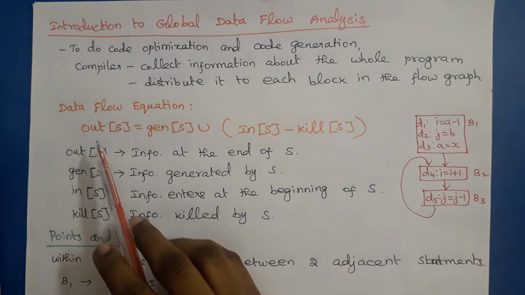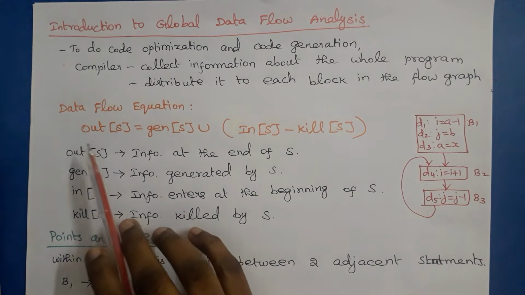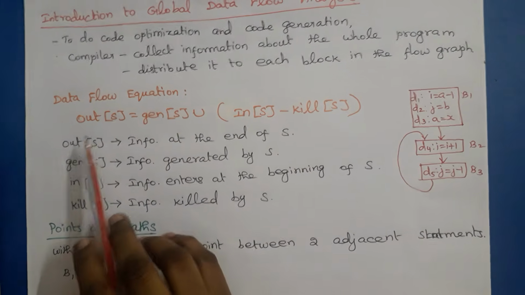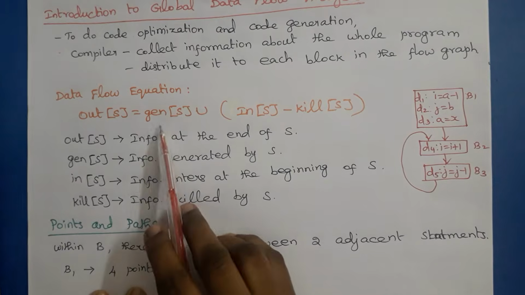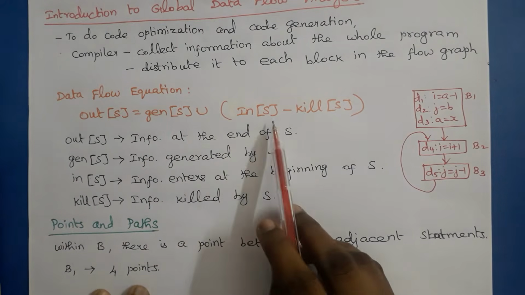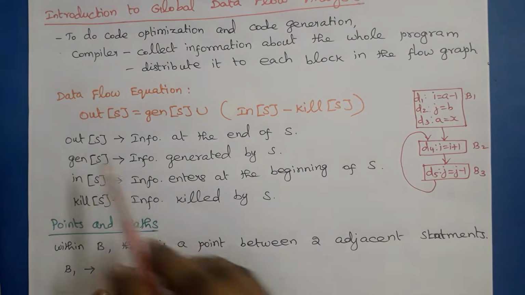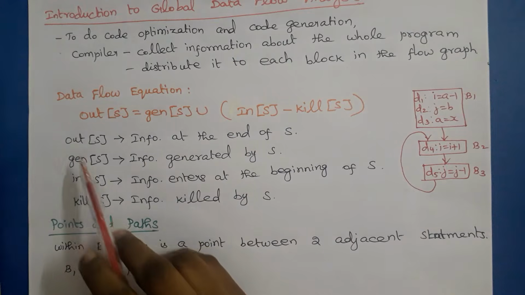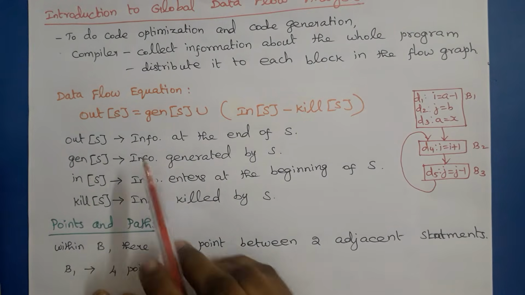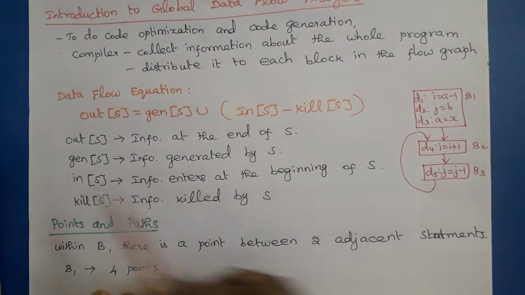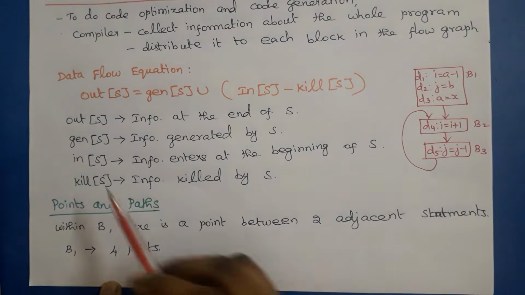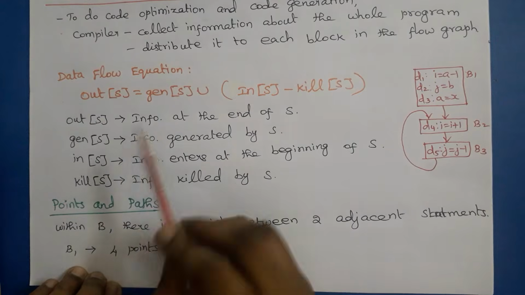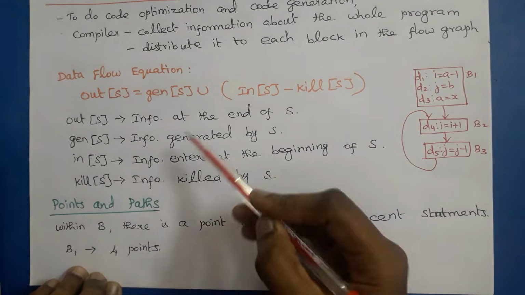The data flow information can be collected with the help of the data flow equation. Here, out of S is equal to gen of S union in of S minus kill of S. Out of S represents the information at the end of S. What data flow information is available at the end of S?